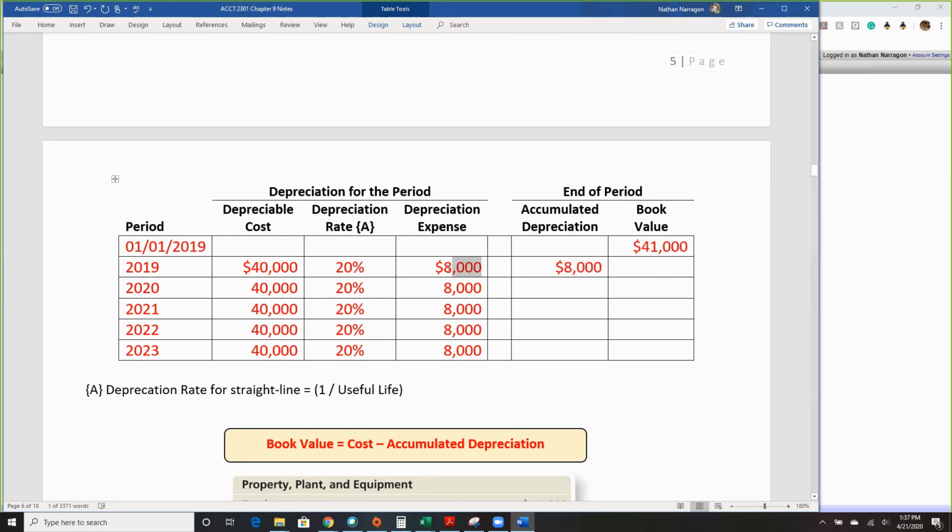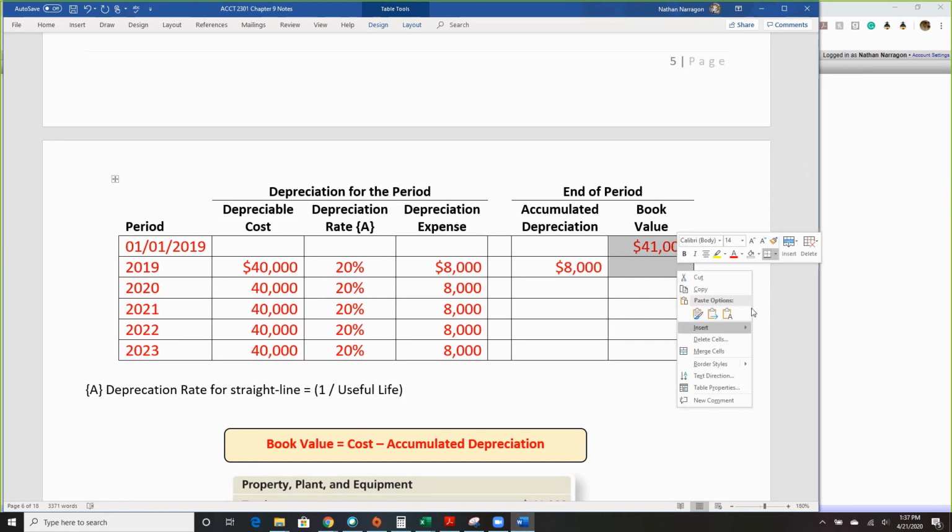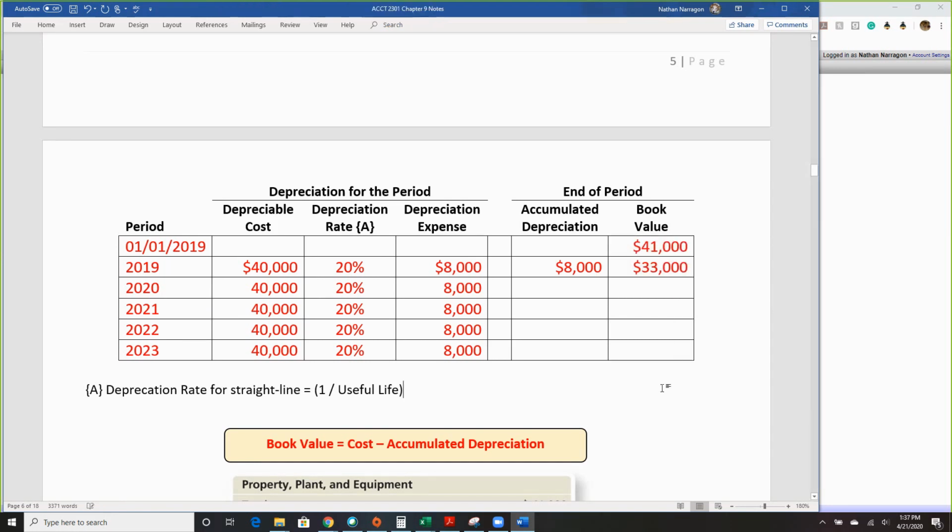Then take this amount, so depreciation expense, and just figure out book value. Subtract out the depreciation expense for that year. So book value ends up dropping to $33,000. Okay?